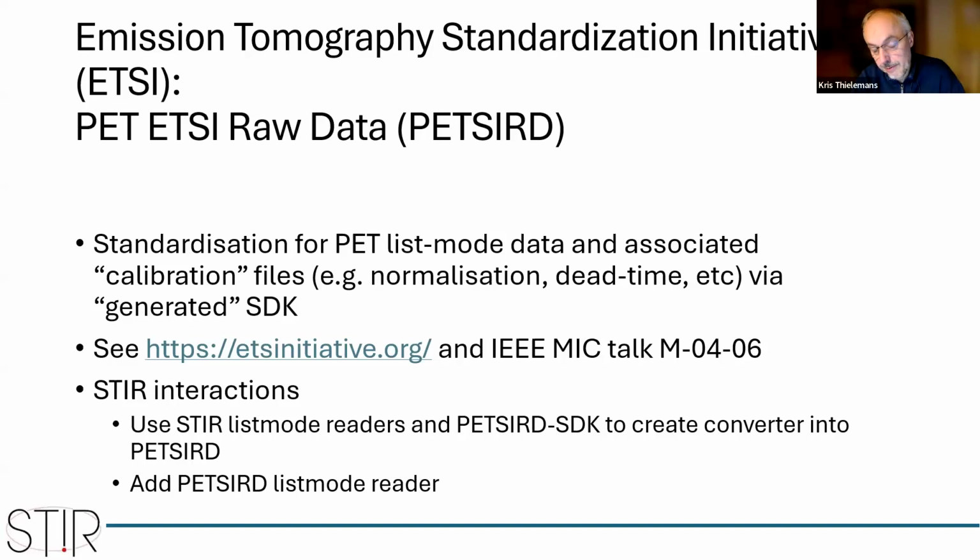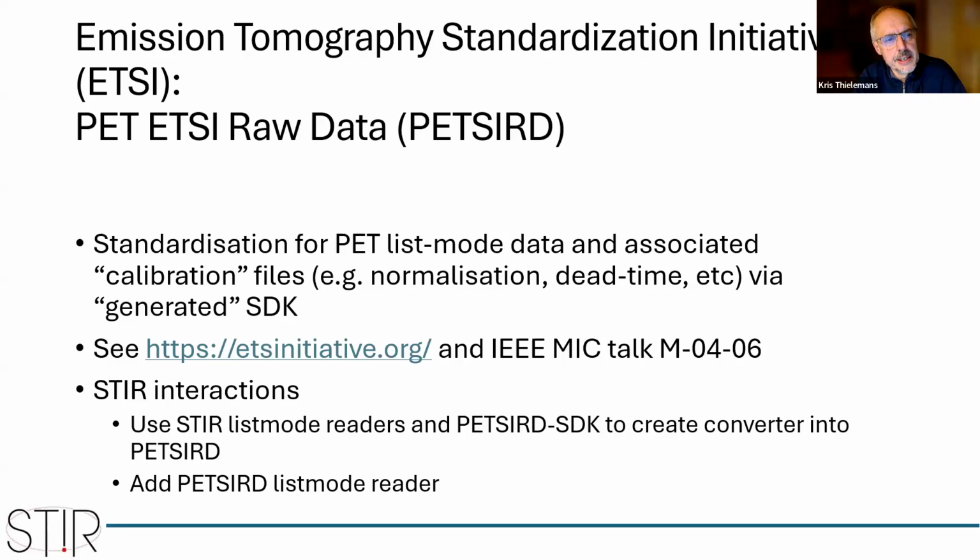Now, in STIR, we've managed to convince manufacturers to release that for some scanners and for some software versions and whatever, but it's very hard, next to impossible, to keep up with that, right?